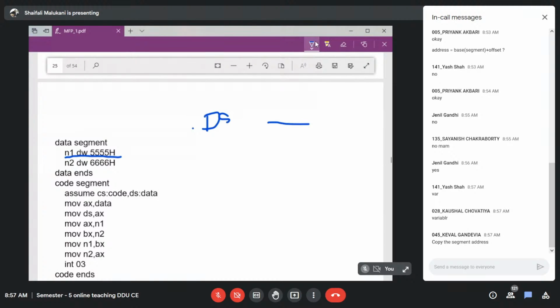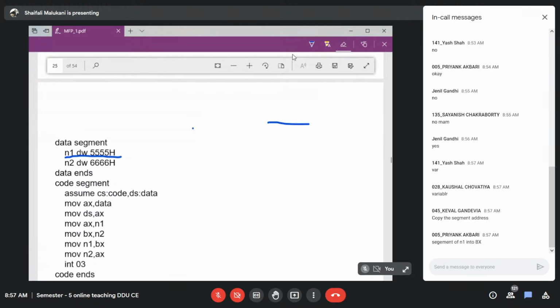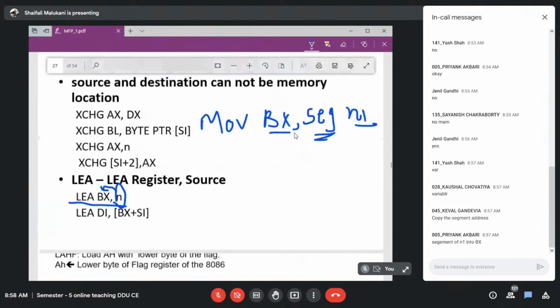Suppose, if you have seen in the laboratory, it is 0744. This is the standard value taken by the assembler, and then 0000. This can be the address of n1. So this is segment and this is offset. The segment address of your n1, wherever n1 is defined, should be copied to BX. Copy the segment address of n1 to BX.